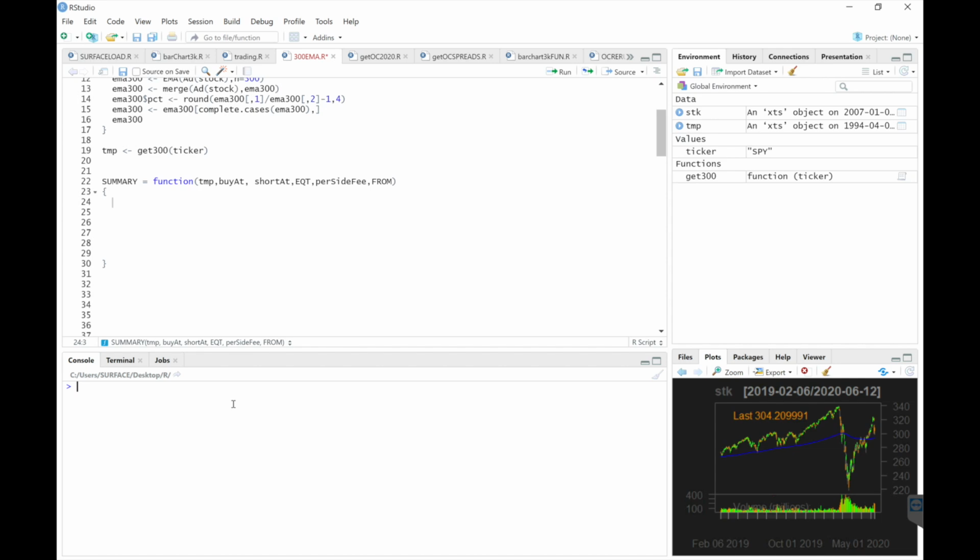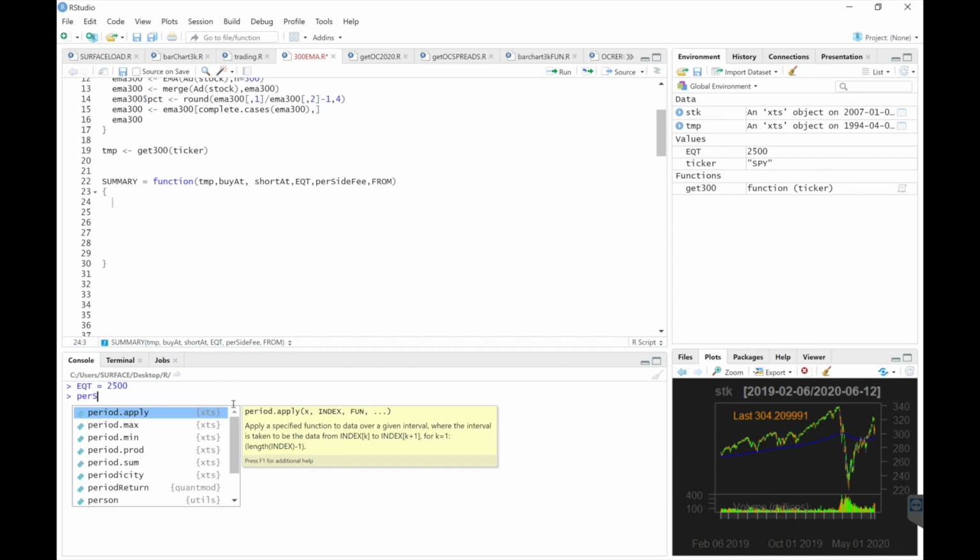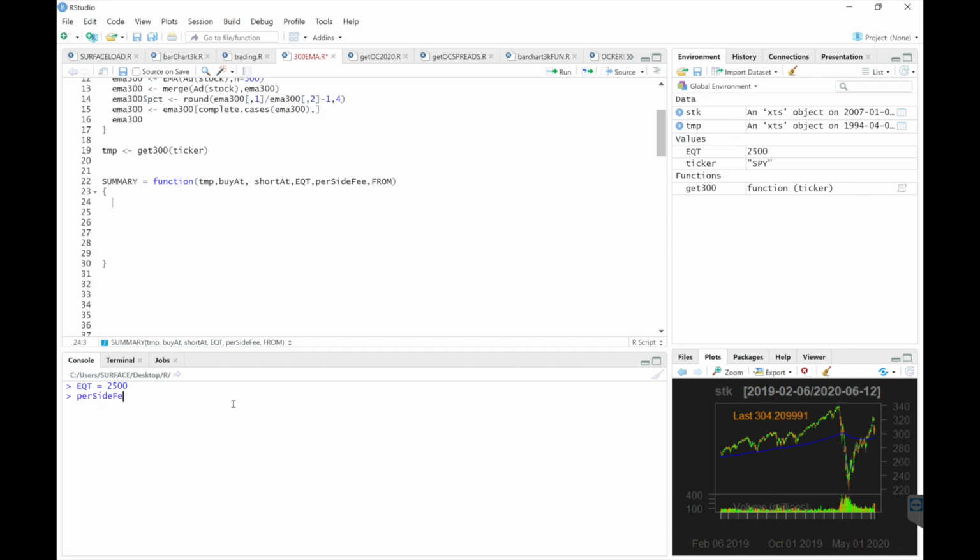We're going to be running this as we go, so I'll insert some parameters. For equity, I'm going to start us off at $2,500. Per side fee, I'll just use $1 since it's per side. And then for the date, I'll start us at year 2015.